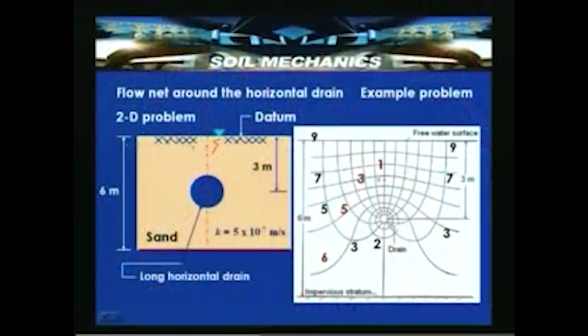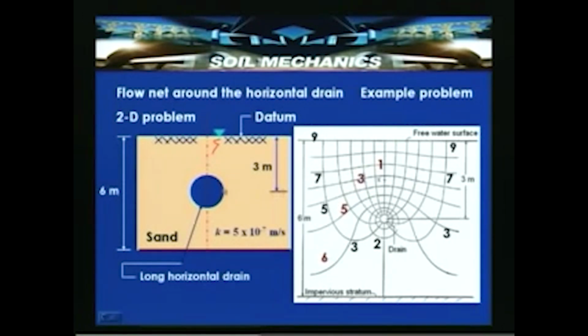Flow net around a horizontal drain. Let us consider in this slide a drain which is found at 3 meters from the top surface, placed in sand having coefficient of permeability 5 into 10 to the power of minus 7 meter per second, isotropic in nature.